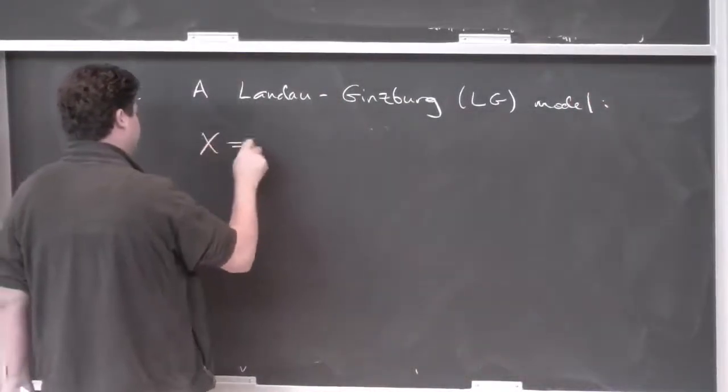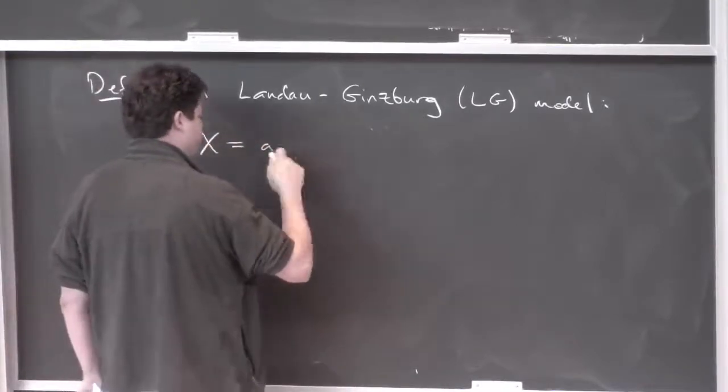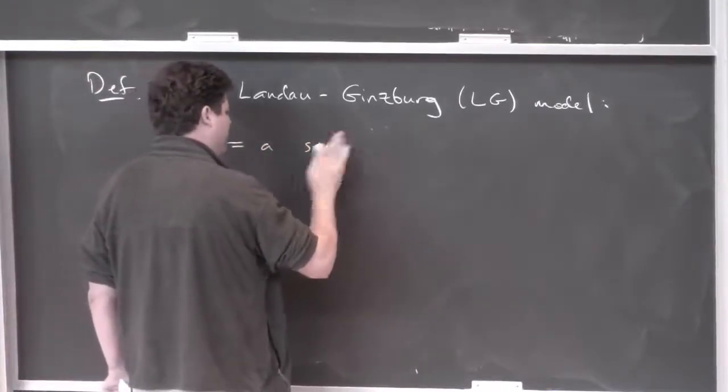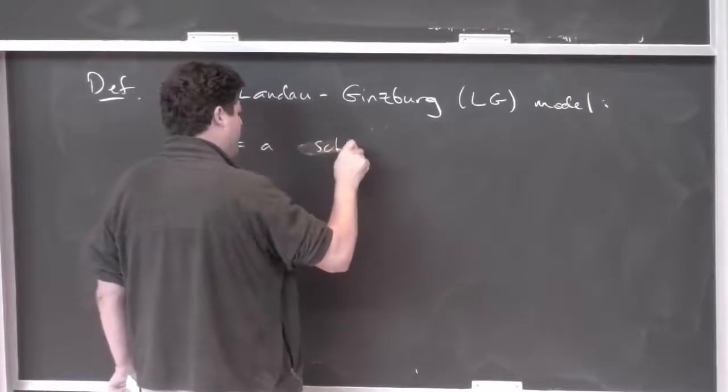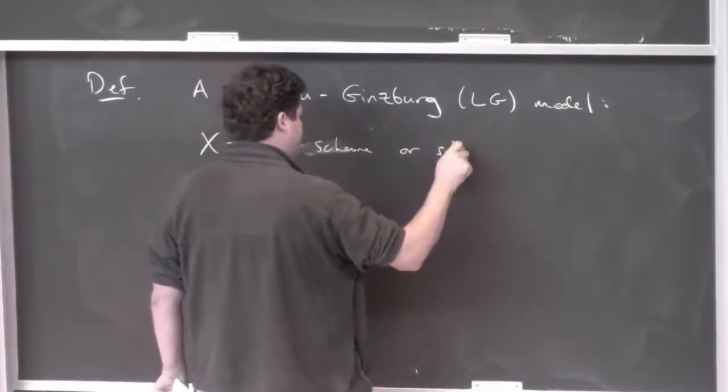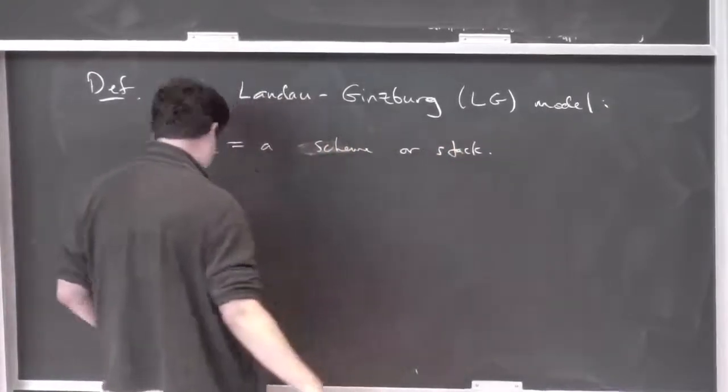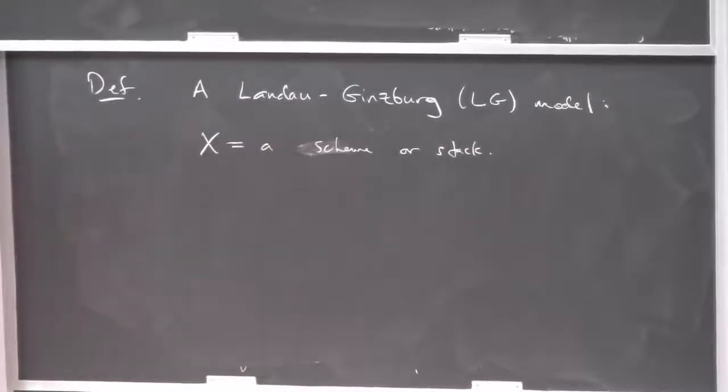X is going to be, let's say, smooth. Well, it's going to be a scheme or a stack. And if you're afraid of stacks, that's fine. I'm also afraid of stacks. You'll see in the examples what sort of very mild stacks we're interested in.